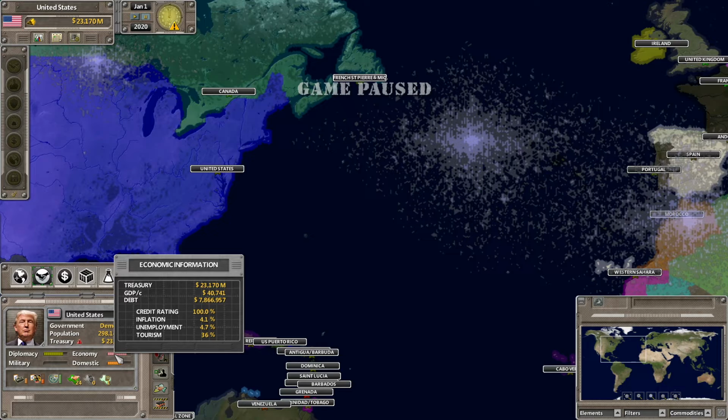Now, let's finish off this screen by looking at the final economic thing on this little tab here, which is tourism. So tourism is a representation of how much someone else living in another country wants to come to your country. And this is important for your economy because they're taking money from somebody else's economy, essentially, and bringing it to your economy.